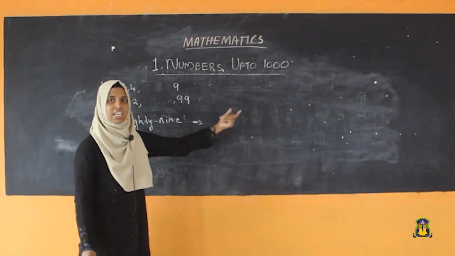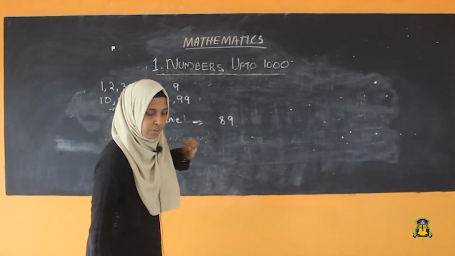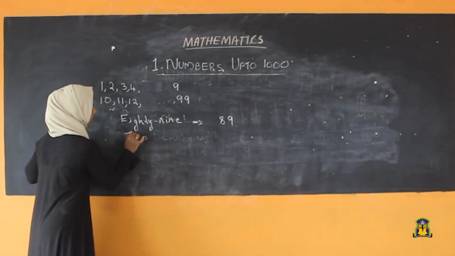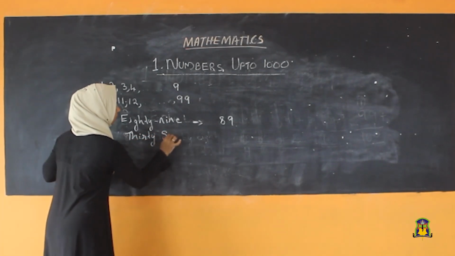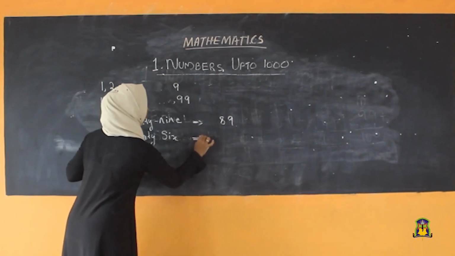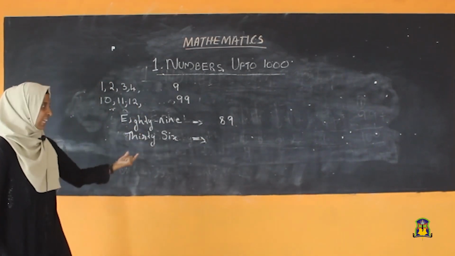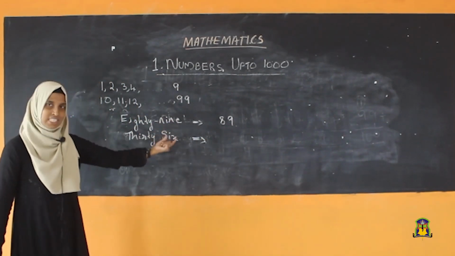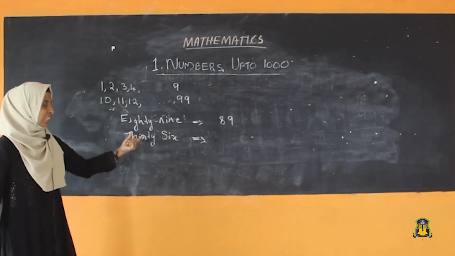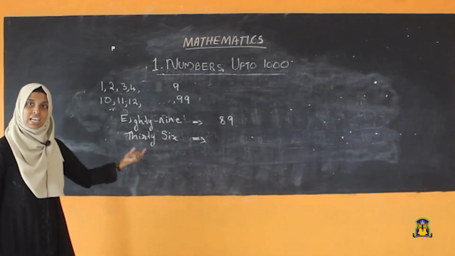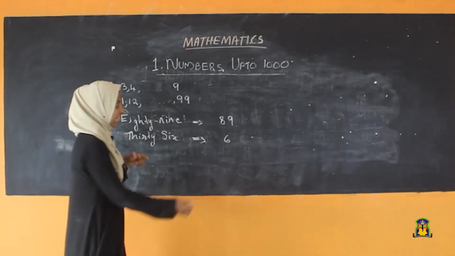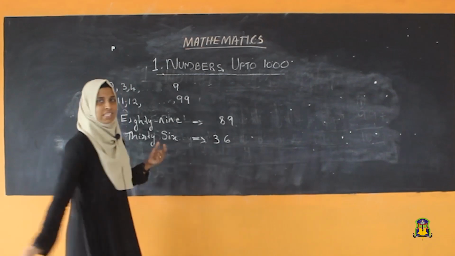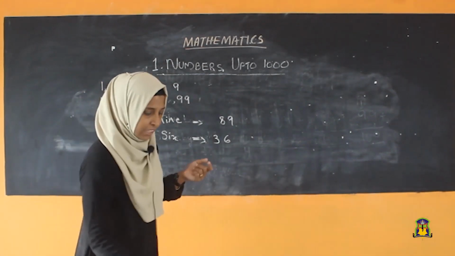That is 89. Let's do one more. Look here. What is this? 36. That is 6 in the ones place and 3 in the tens place, which is 30. Okay, you all know that.